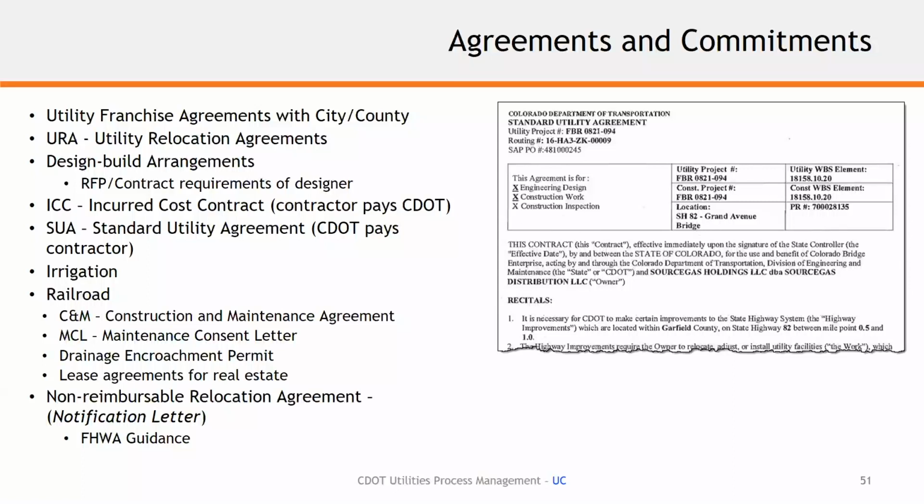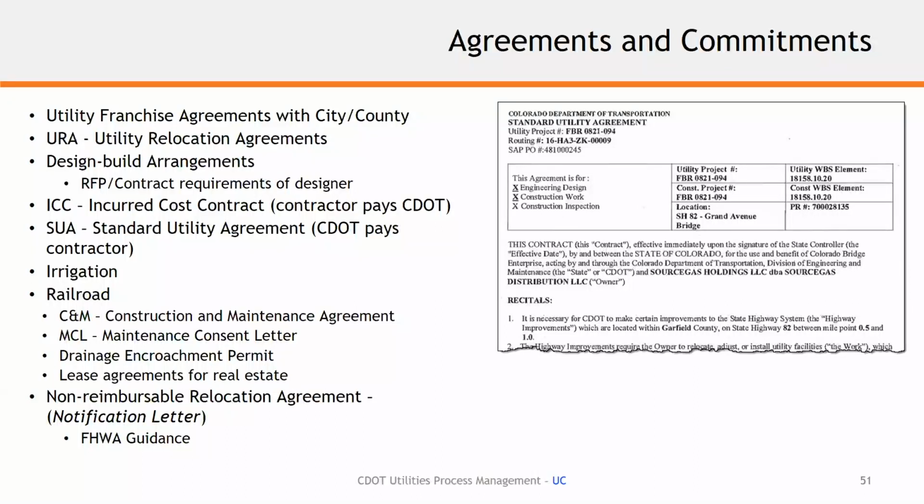We use this agreement a lot with early relocations that are eligible, and we've also used it for relocations that happen during construction as well. Again, it's just the mechanism to pay the utilities back for their moves that are eligible under the rules.